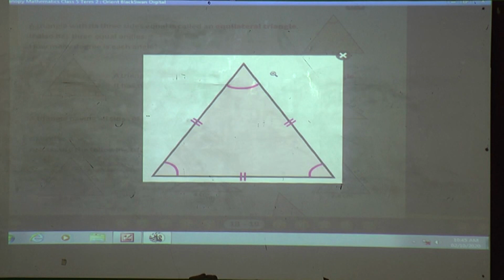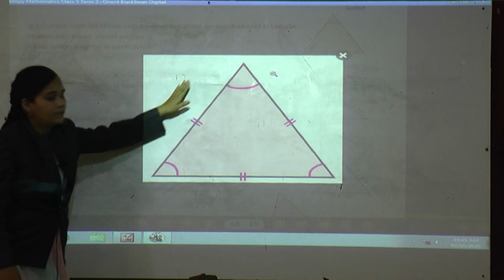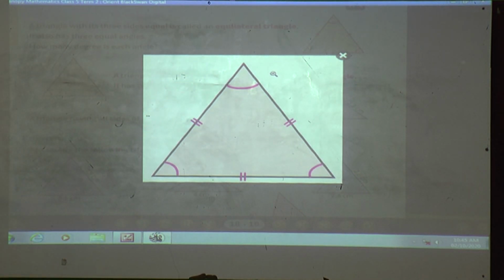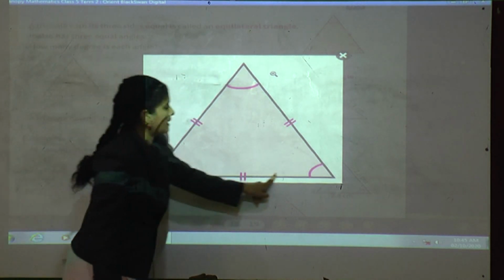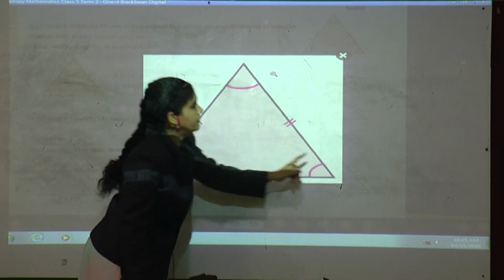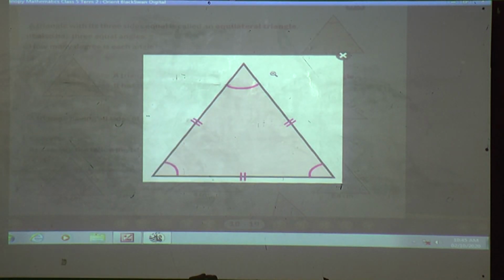See. A triangle with its three sides equal. These three sides, first one, second one, and third one, they are in equal measurement. So it is called an equilateral triangle.